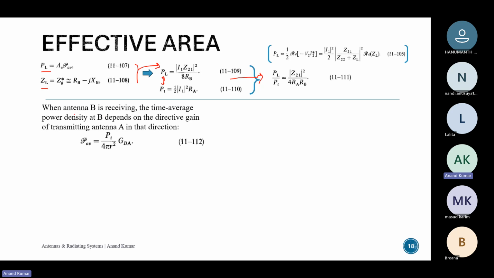Okay, so keep remembering this, the transmitter is A and receiver is B. So when antenna B is receiving, the time average power density at B depends on the directive gain of the transmitting antenna in that direction.